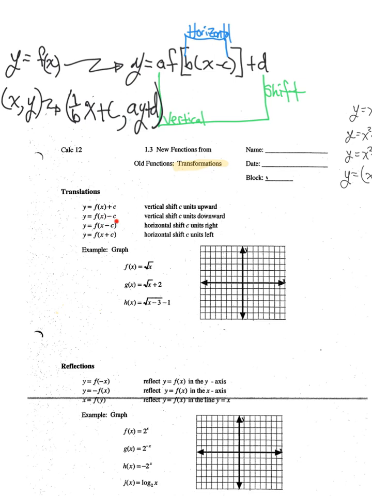You want to move it down, put a negative in front. If you want to shift something horizontally, you must compose that function. So to move it c to the right, it's the function acting on x minus c. If you want to shift it left, the function acts on x plus c. But that is a composition.